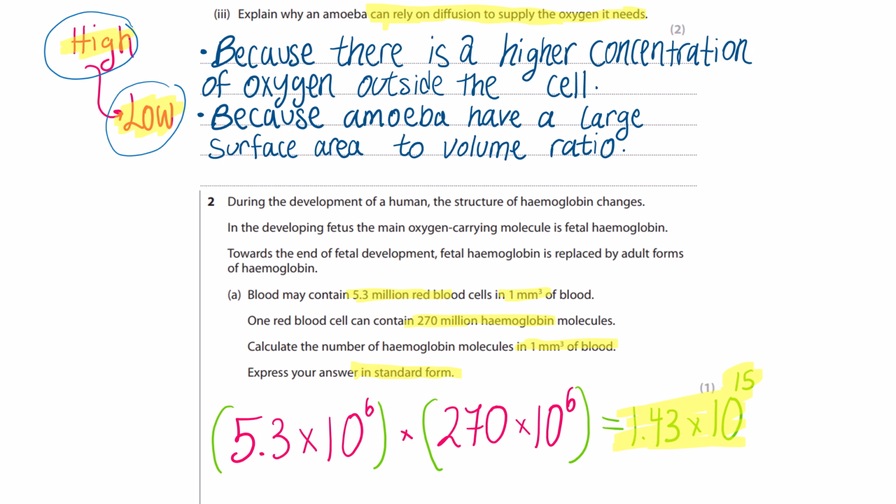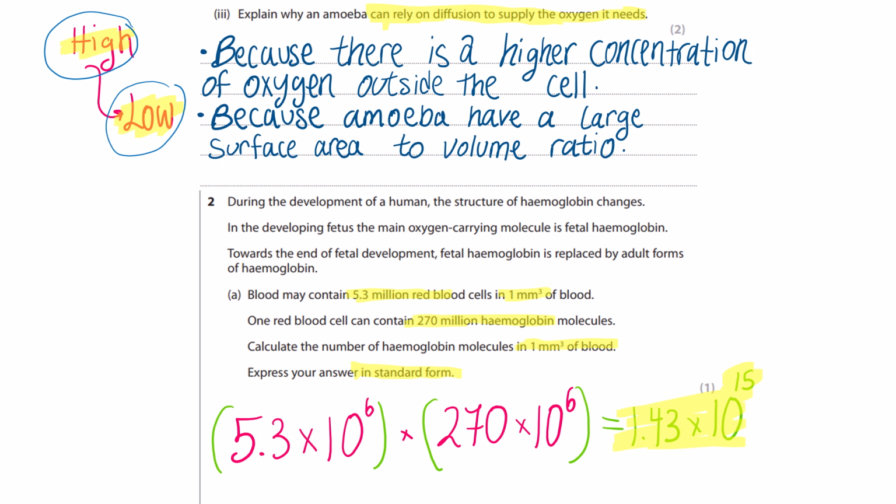The second point is because amoeba have a large surface area to volume ratio. You can also mention how oxygen is nonpolar, therefore it will go through the membrane without being interrupted by any forces. However, just stick to these 2 points as they're much simpler and much clearer.